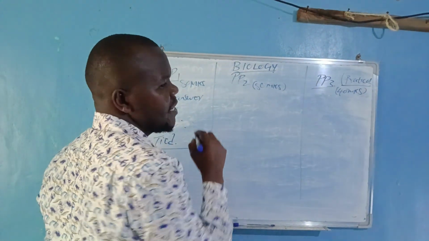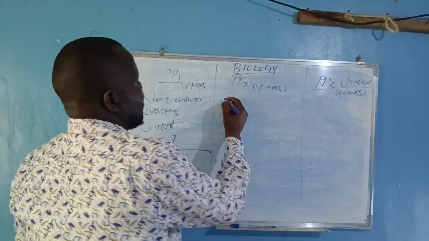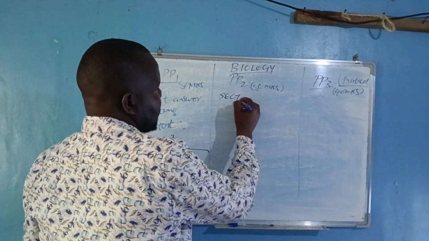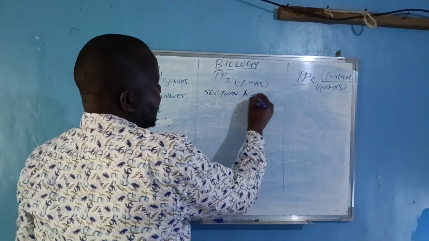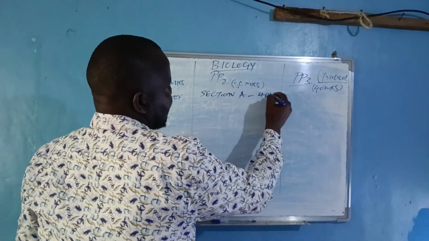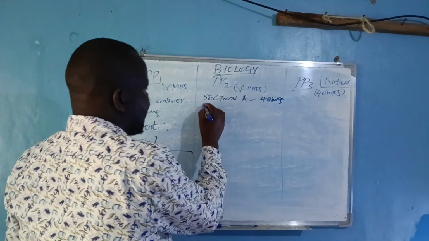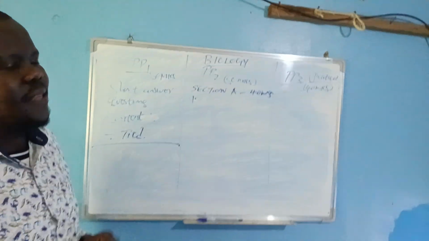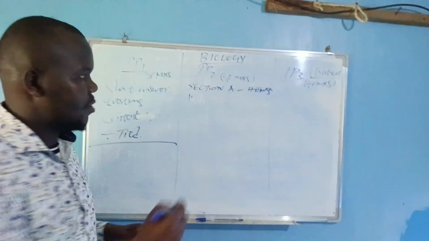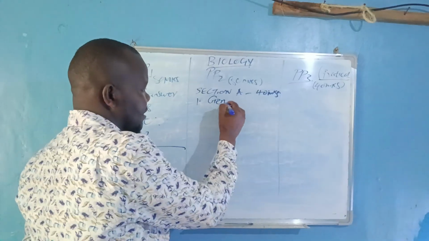Paper 2 will be divided into some sections, which are section A. Section A will have 40 marks. And I'm very sure that one of your first questions will be genetics.